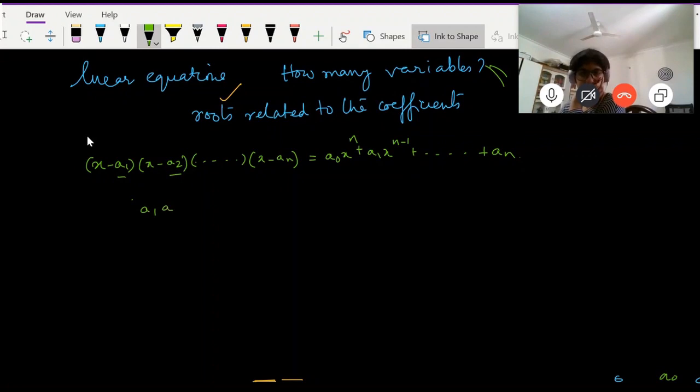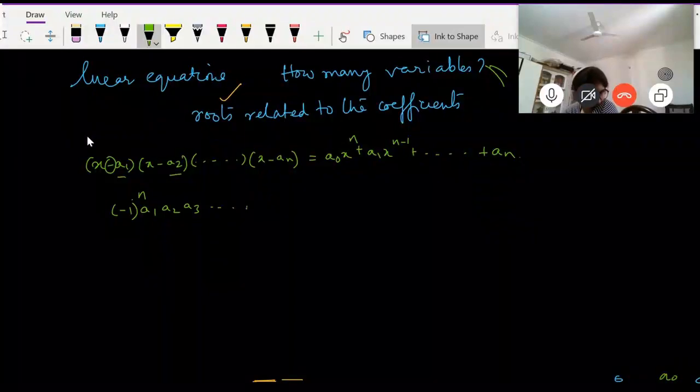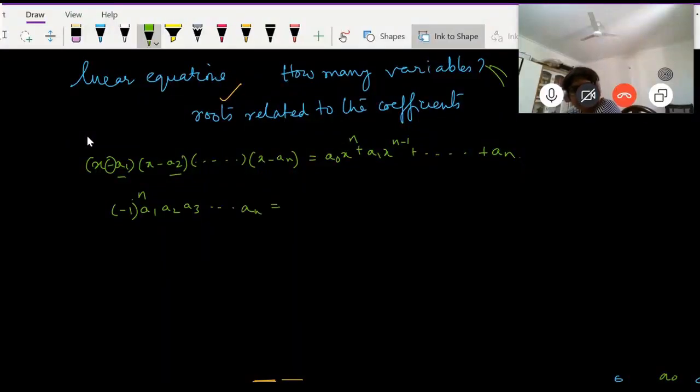So a1, a2, a3 all the way with a minus 1 to the power n, because each one has a minus 1, right, is equal to an by a0, right? So therefore, minus 1 to the power n into product of roots is equal to an by a0.